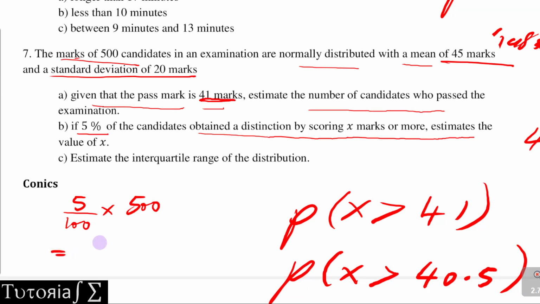Then we can know the number of students that obtained 5%. So there will be 25 students. 25 students obtained 5%. Okay, so now the question is asking us to determine the mark, the mark that was put for a distinction.